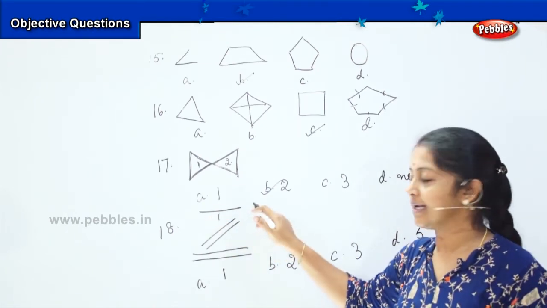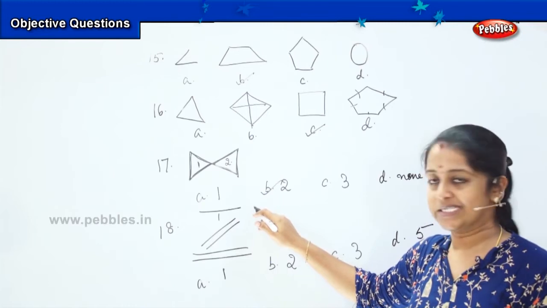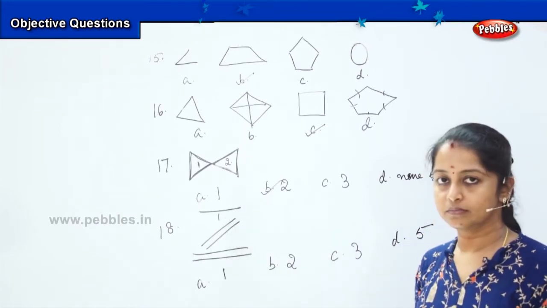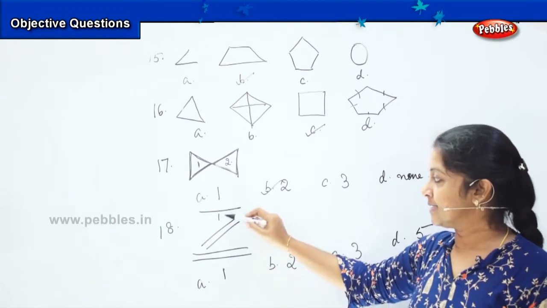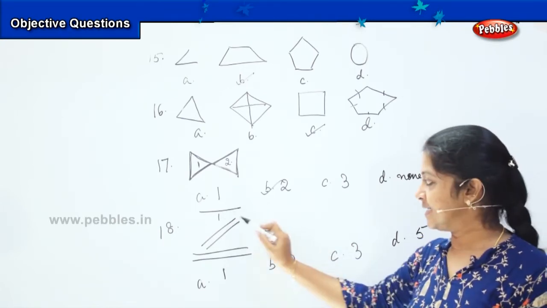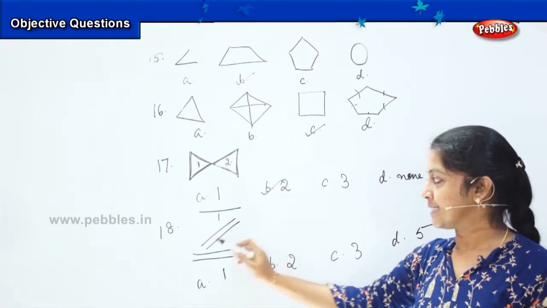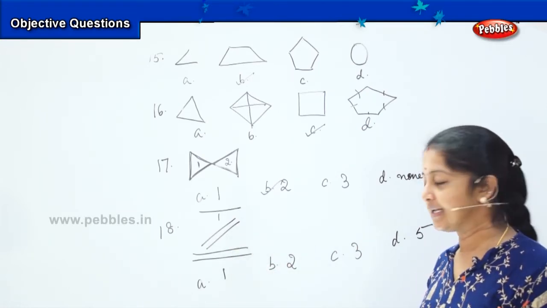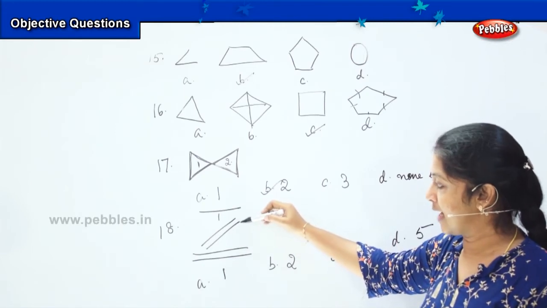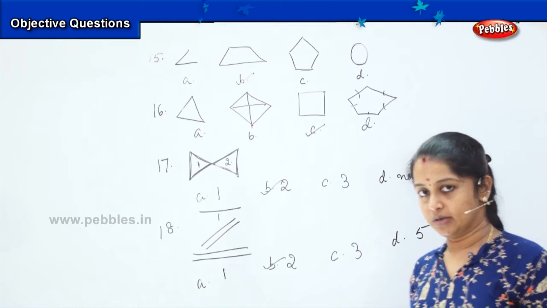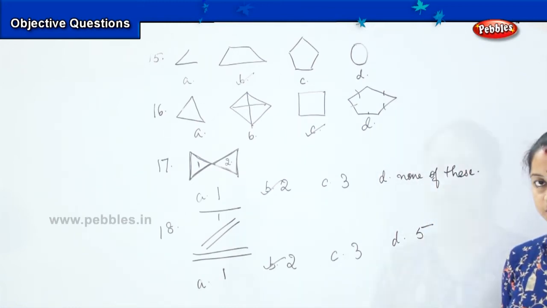Is this a slanting line? No, it's a sleeping line. Is this a slanting line? No, it is a straight line. Is this a slanting line? Yes, this is a slanting line. And how many slanting lines do we have? We have 1 and 2. So my right answer is option B, which is 2.